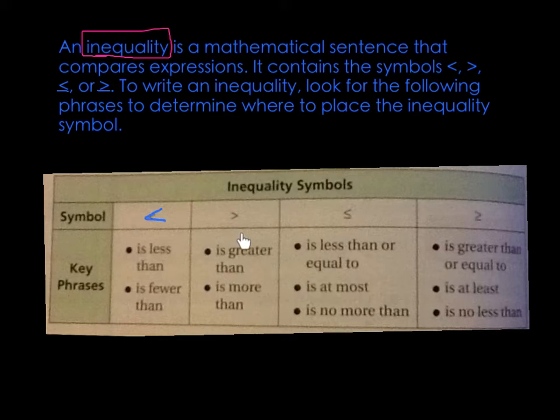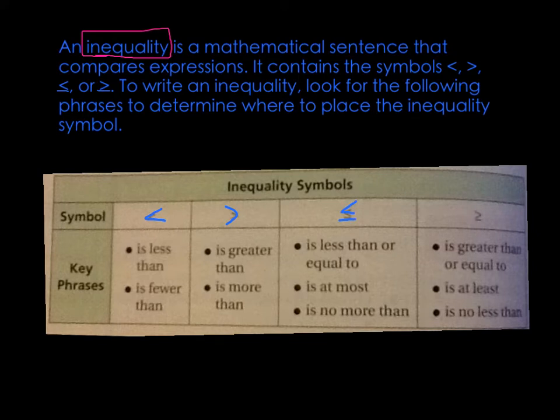If you see one like this, is greater than, is more than, those are key words we're going to be using. You're going to use a sign like that. If you see a symbol that looks like this, is less than or equal to, is at most, is no more than, those are all key words or key phrases that represent a symbol that looks like this.